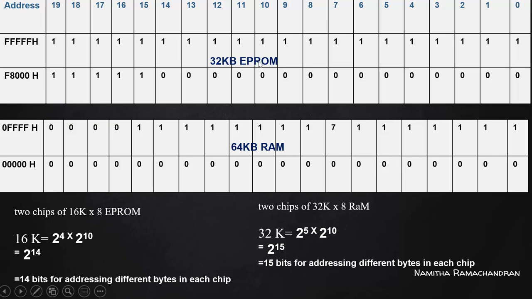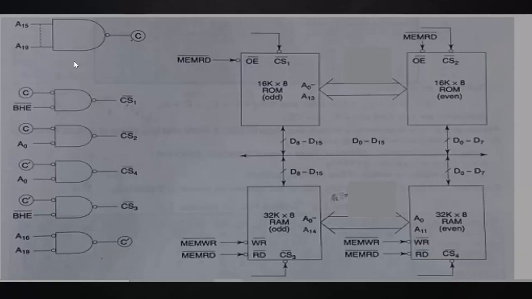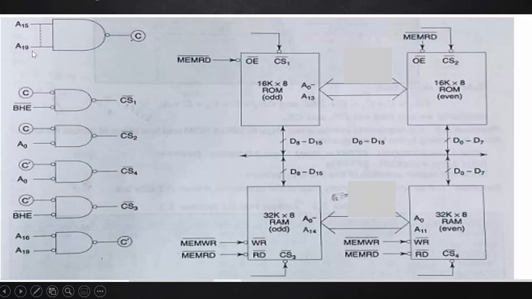So, in the case of EPROM, we can use this similar address information, that is bits 16, 17, 18, 19, for setting the chip selection. Bits 15 to 19 for ROM and 16 to 19 for RAM generate a particular value which is marked here as C. This is the output of a NAND gate.